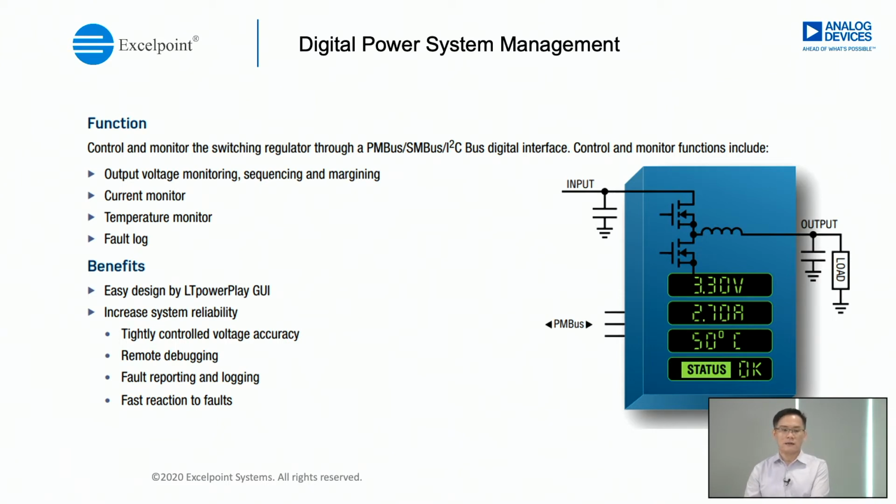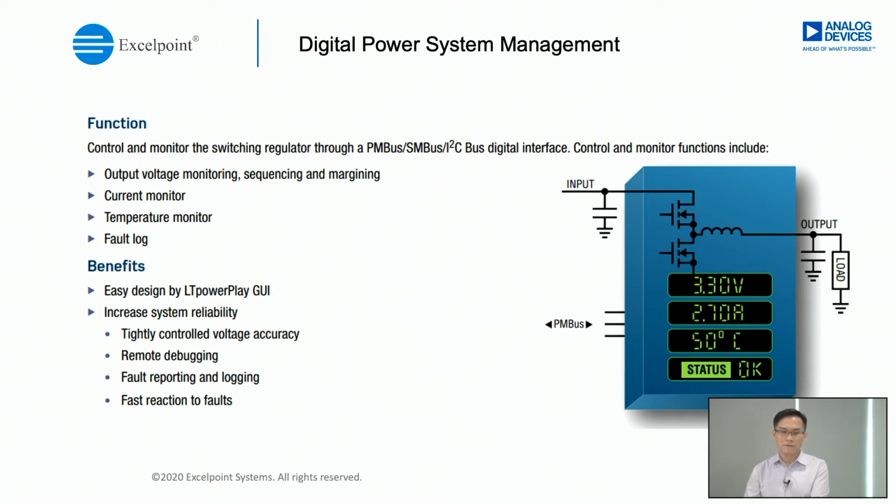For example, allow you to monitor your output voltage, control your power sequencing, adjust your power margin, and also allow you to monitor your current and temperature. And with this, it will also allow you to enable the use of fault log.